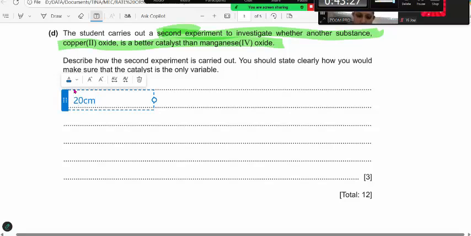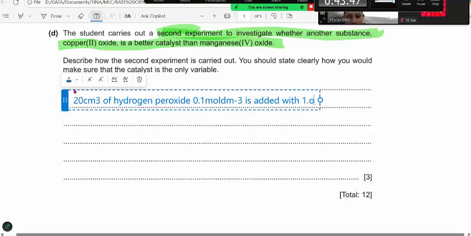20 cm³ of hydrogen peroxide, 0.1 mole per dm³ is added with 1.0 gram of copper 2 oxide. So you see, you're using the same mass, you're using the same volume.